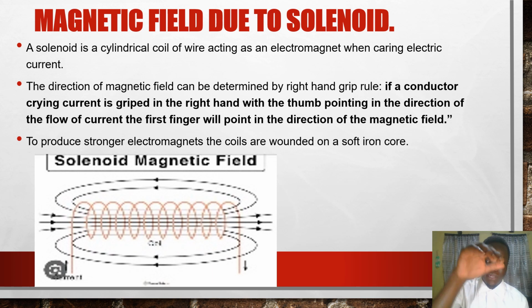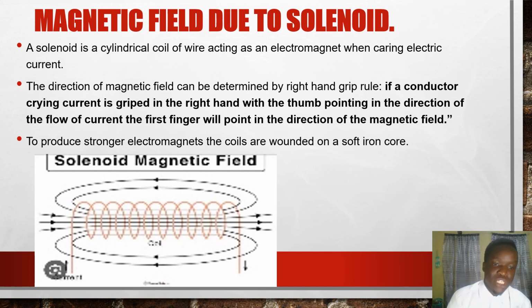It's when you place your right hand like this. To produce stronger magnets, coils are wound on a soft iron core.